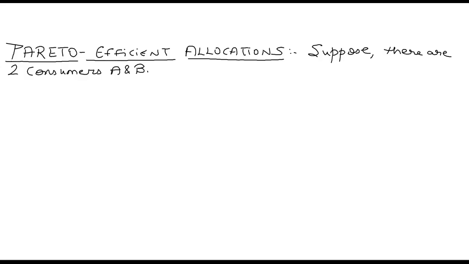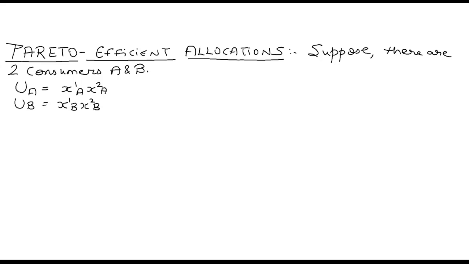So the utility function of agent A is x1A, x2A, and the utility function of agent B is x1B, x2B. Both the agents have a Cobb-Douglas utility function. The subscripts denote the agent and the superscripts denote the goods.